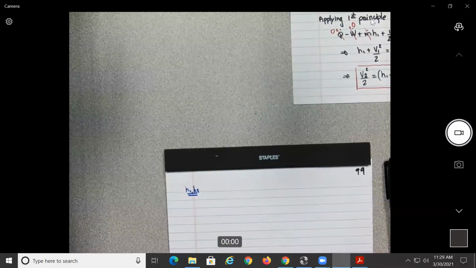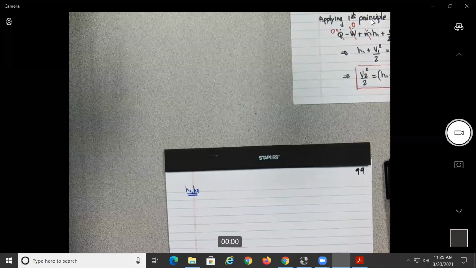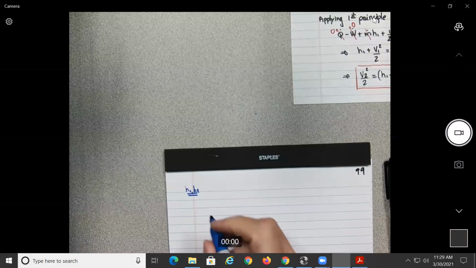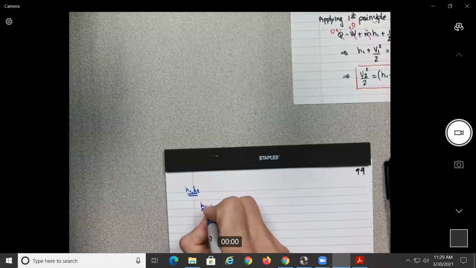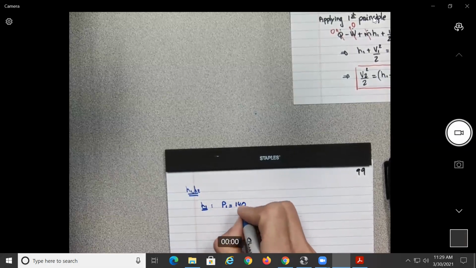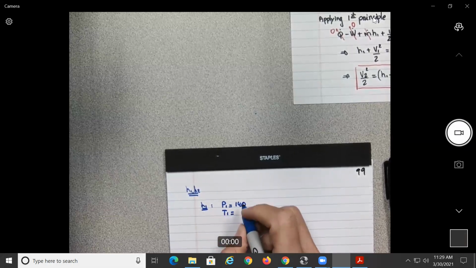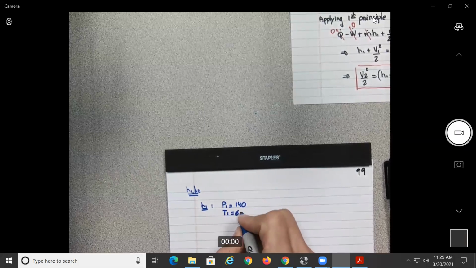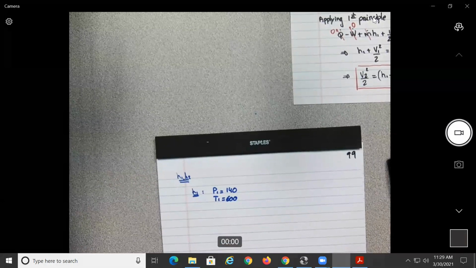So let's first find H1. What do we know about H1? We know two things. P1 equal to 140, T1 equal to 600. And we actually know even more. We know the state is steam.